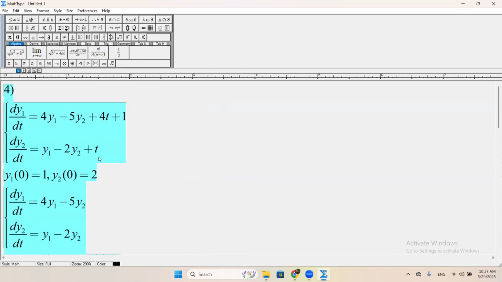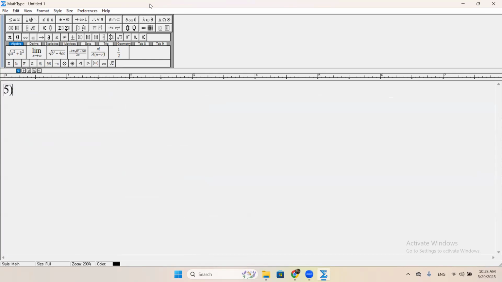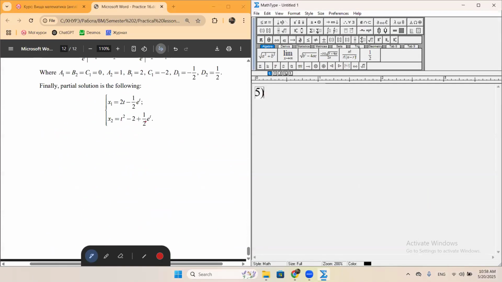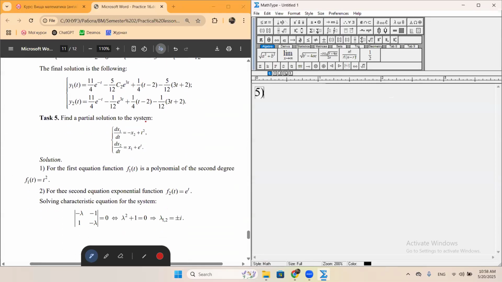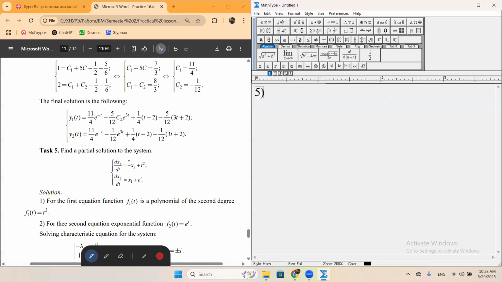So now solving exercise number 5. What do we have to do here? We need to find a partial solution to the system. So we don't have to find a general solution, just a partial one. How will we do it?